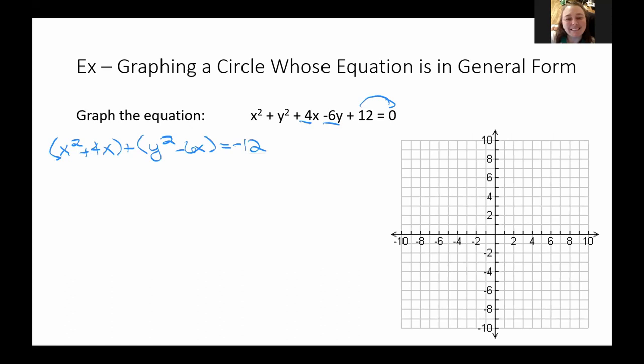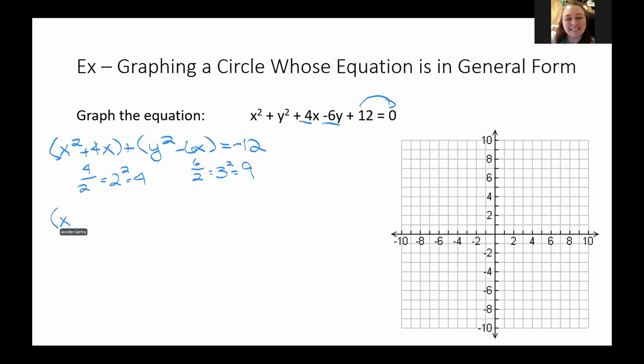Now we're going to complete the square. Now remember, when you complete the square, you divide by 2 and then square it. So 4 divided by 2 is 2, squared is 4. 6 divided by 2 equals 3, 3 squared is 9. And whatever we add to one side, we have to add to the other.